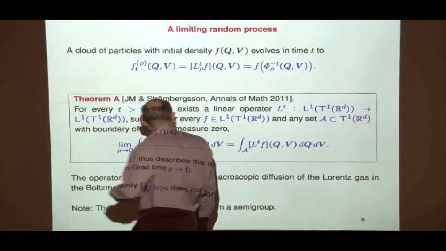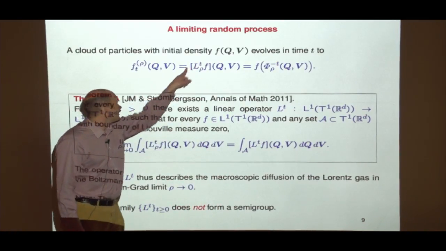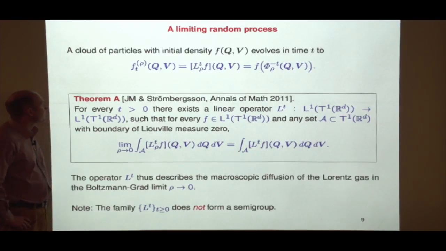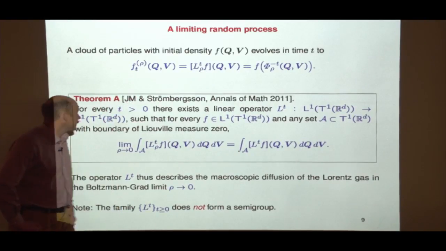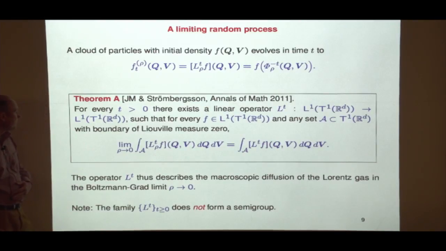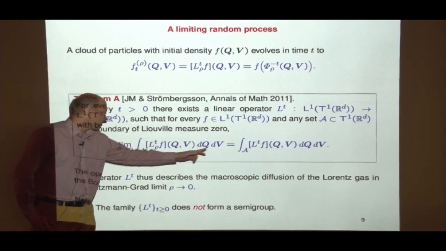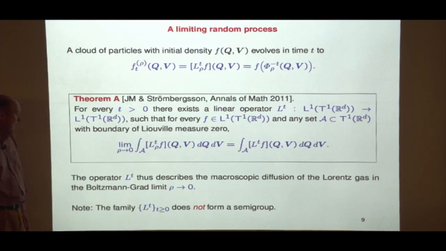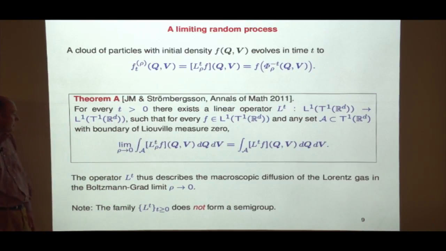So in order to formulate this, let's define a time evolution operator here that propagates our initial density, L rho of t. And what this theorem says is that we weakly converge to a limiting process that is described by this linear family of linear operators L of t.